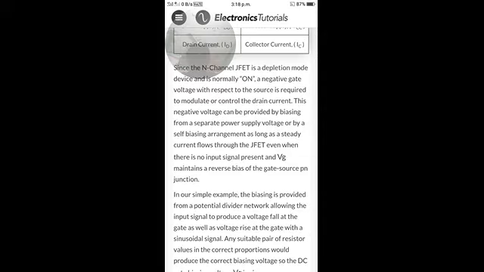So here the biasing is provided from a potential divider network self-bias circuit, allowing the input signal. When the input signal is applied, it produces a voltage fall at the gate, as well as a voltage rise at the gate, with a sinusoidal signal.